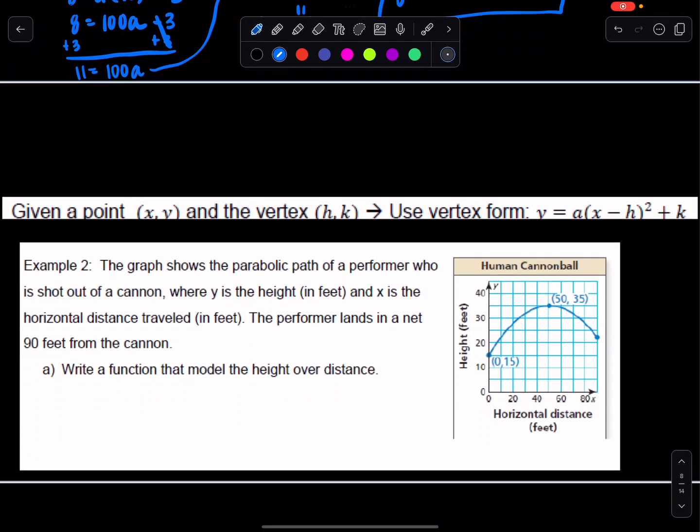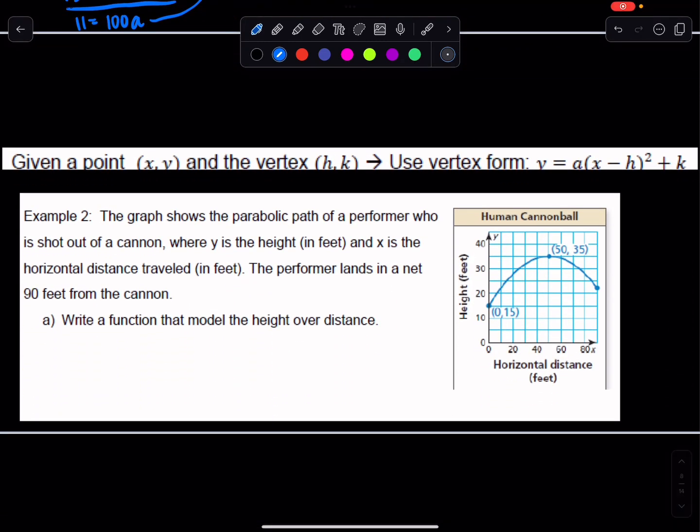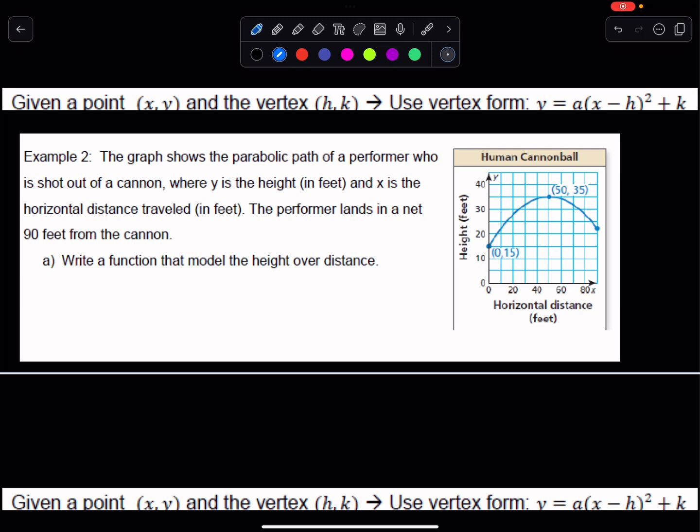All right, we can also see some real life problems with this. You're going to follow the same steps. We just have to identify what our point and our vertex is. So example 2, the graph shows the parabolic path of a performer who is shot out of a cannon where y is the height in feet and x is the horizontal distance traveled in feet. The performer lands in a net 90 feet from the cannon.